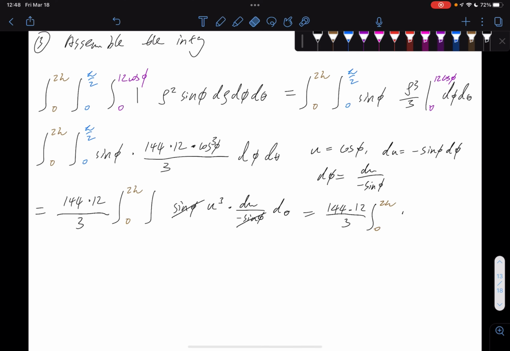And then u to the fourth, and that is cosine phi to the fourth, and then over 4, and then negative sign.